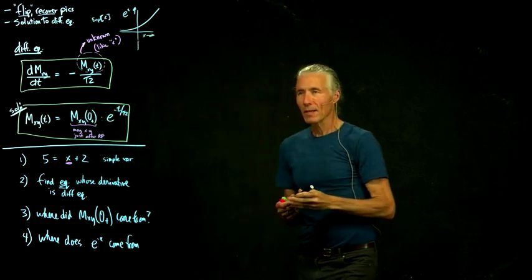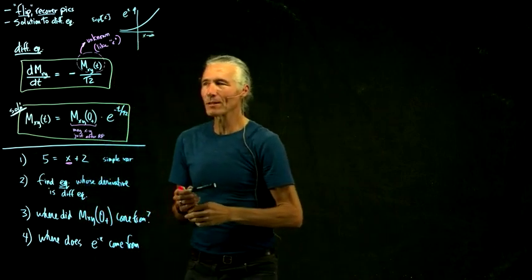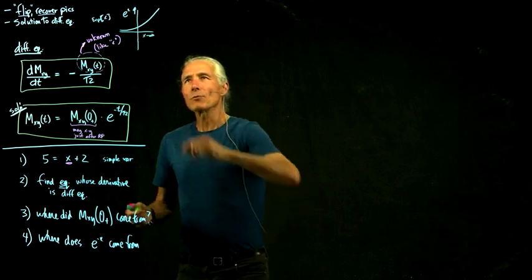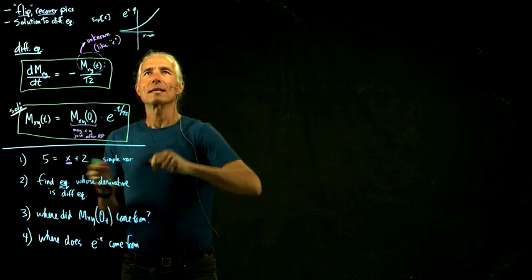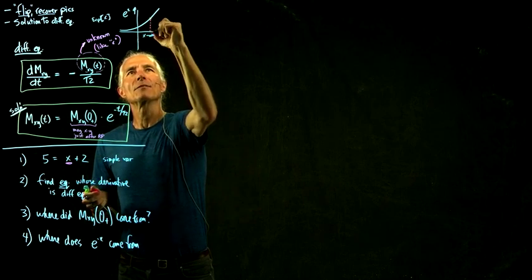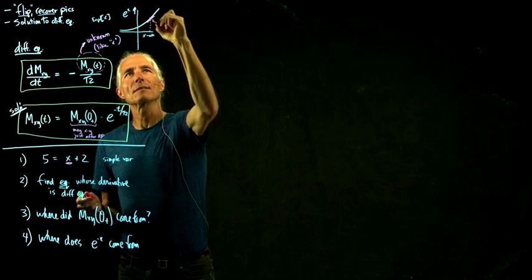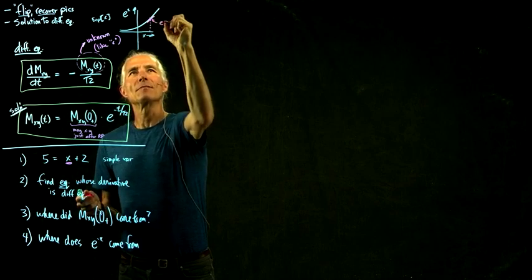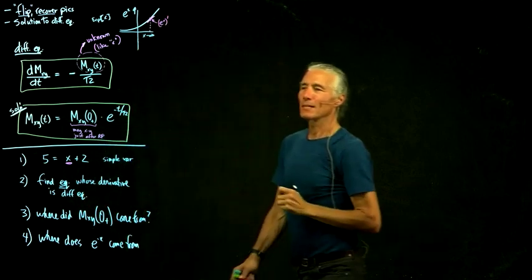So e to the x is kind of a special function, because if we go someplace on e to the x, at some x value, and look at the slope, which is the derivative. So this is the derivative of e to the x, which we can write with just an apostrophe like that.